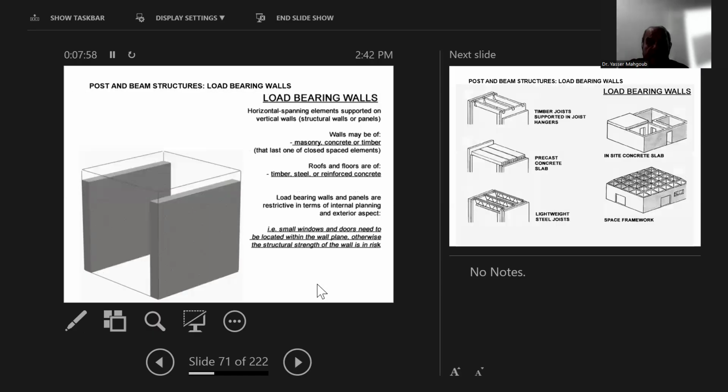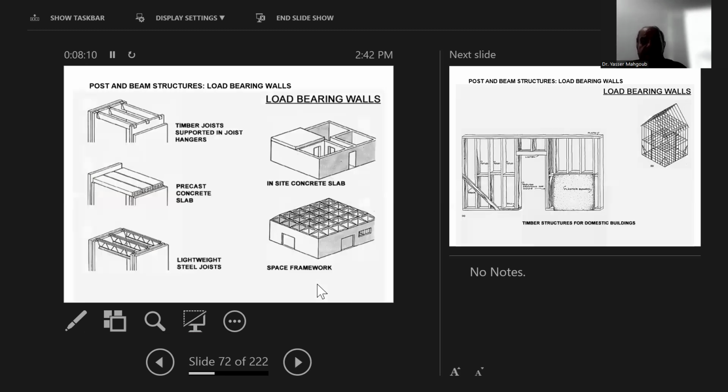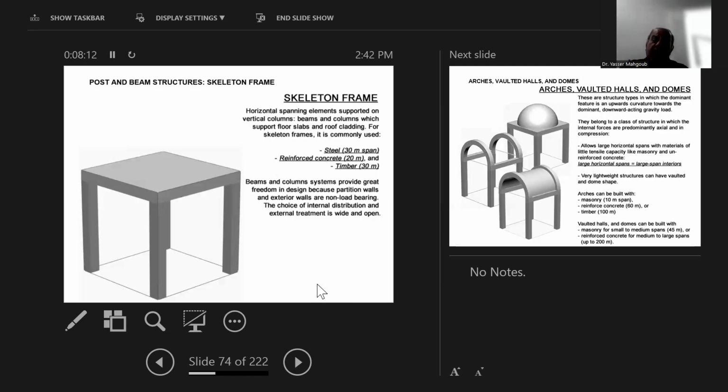The load-bearing walls is very limited in span. It can cover 5-6 meters maximum, but the skeleton concrete can go up to 20 meters, steel can go up to 30 meters, and also the timber can cover up to the 30 meters.